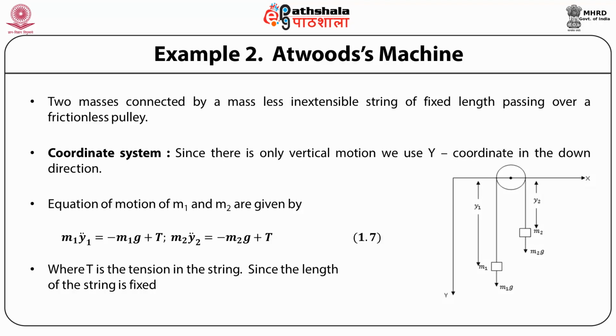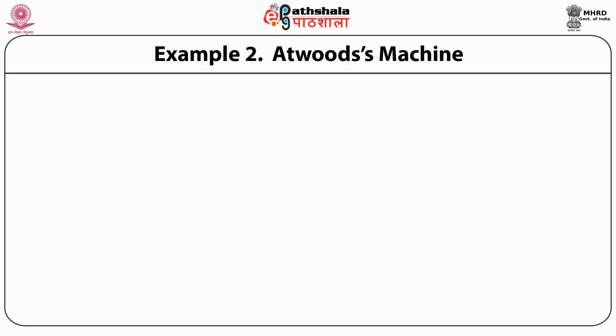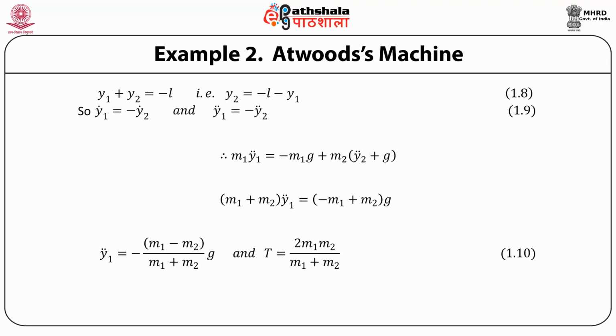Likewise, the equation of motion for the mass M2 is M2 y2 double dot is equal to minus M2 g plus the tension which is acting upwards. As we mentioned earlier, since the length of the string is fixed, y1 plus y2, because y is pointing downwards, is equal to minus L. Therefore, y2 is equal to minus L minus y1.